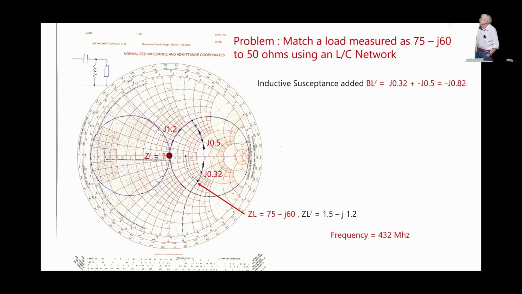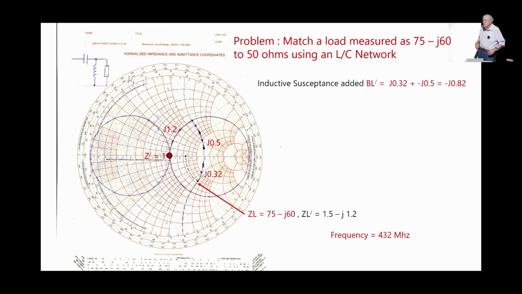And then I move in the opposite direction, down towards the centre, and that's the prize. So it's very, very simple using the admittance chart to solve that network.